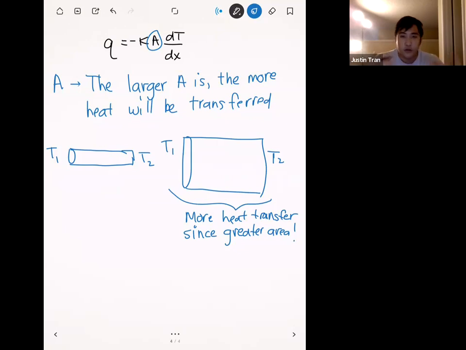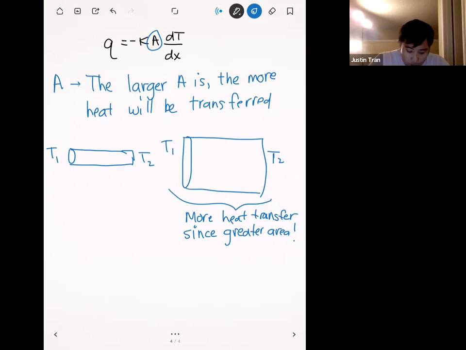Generally speaking, the traffic flows pretty quickly. But if you imagine the same amount of cars getting to the freeway, but you reduce it to a 2-lane freeway, things are going to go a lot slower because the cross-sectional area, or the number of lanes, is small. And so the more area that you have, the more heat transfer is going to take place.